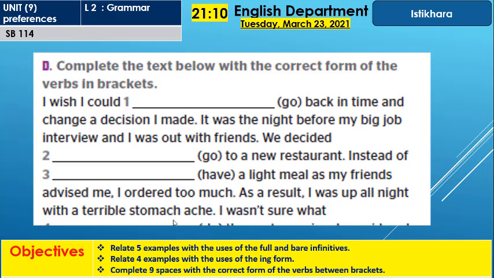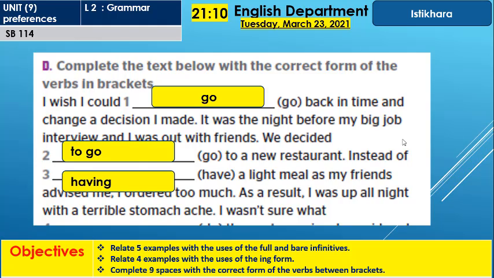It should be followed by a bare infinitive, so I wish I could go. We decided, after the verb decide we need a full infinitive, so we decided to go. Instead of, we have a preposition which should be followed with an ing form, instead of having.